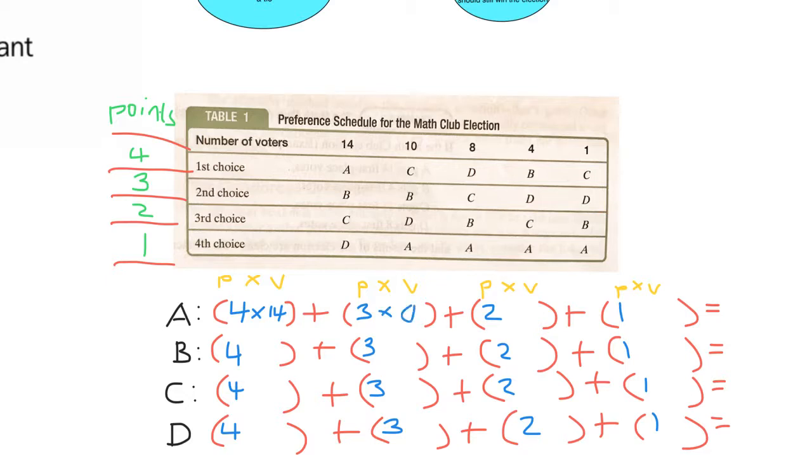So that's going to be 3 times 0. And then we analyze how many third place votes did candidate A get, and therefore did candidate A earn 2 points per vote. Well, it looks like candidate A is also not represented on this row either, so that will be times 0.